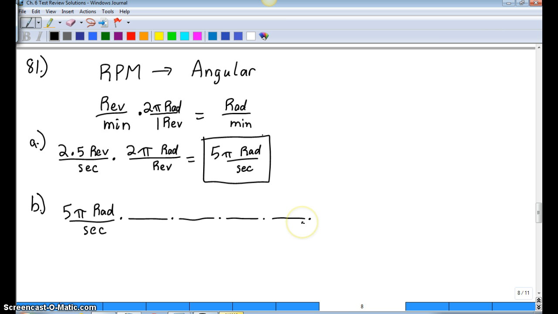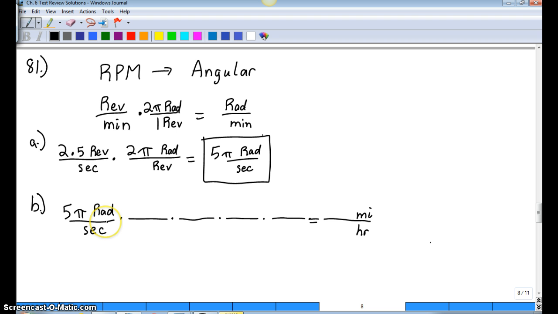I believe that's enough, so seconds, radians, inches, feet, that should be enough. But in the end, we have to go from radians per second in part A to miles per hour for our linear velocity.